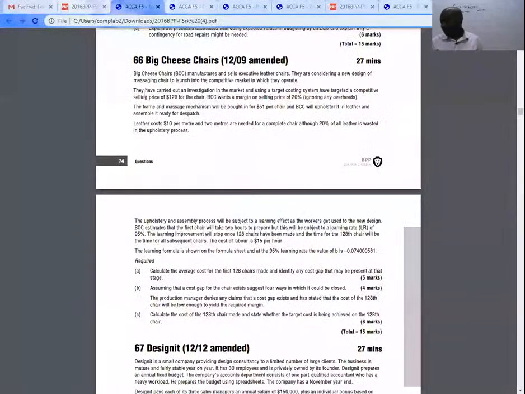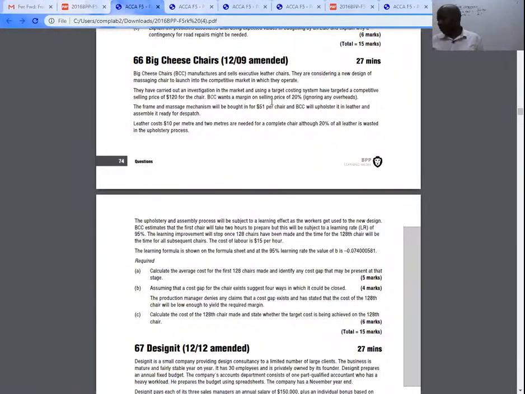For materials, they've carried out an investigation in the market and using a target costing system, have targeted a competitive selling price. The frame and massage mechanism will be bought in for 51. So we have a frame. Of course, each chair will take one frame. So that is 51.